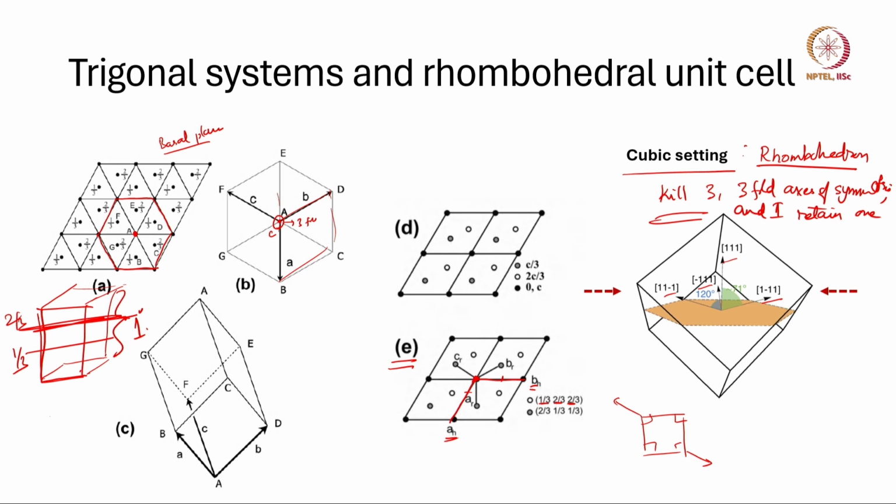The other lattice site, the darker one, I put at 2/3, 1/3 and 1/3. This is closer to the basal plane, because it is at 1/3, not at 2/3. And so along the A axis, I have 2/3 of A hexagon and 1/3 of B hexagon, right.